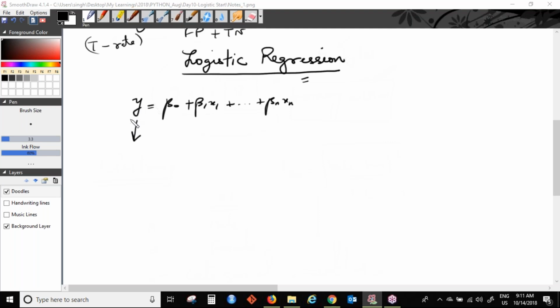Yes, continuous, but what values? What is the range? If I have to write an upper limit and a lower limit for y, what should I write? For any value of x, what can be the upper limit and lower limit of y?